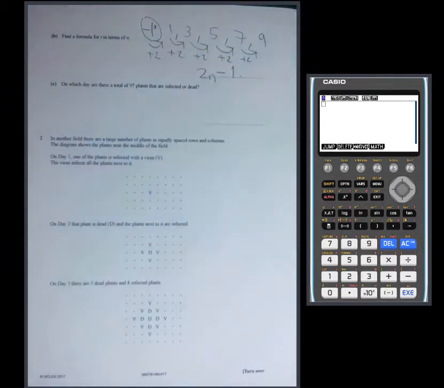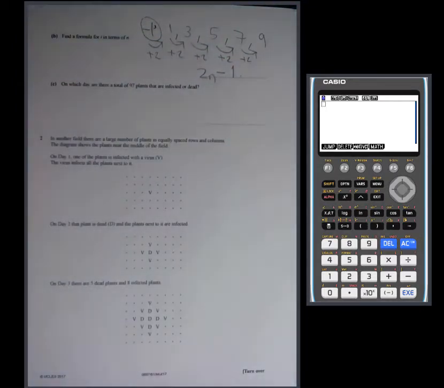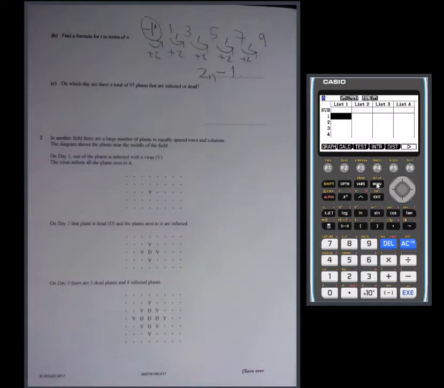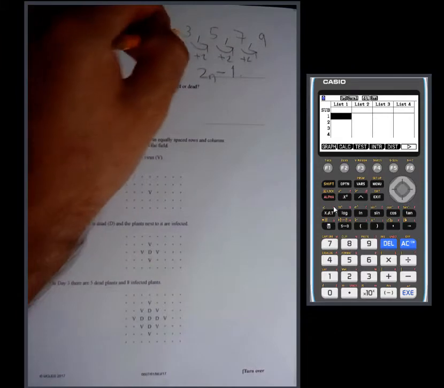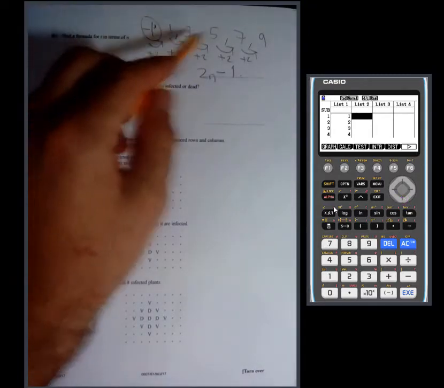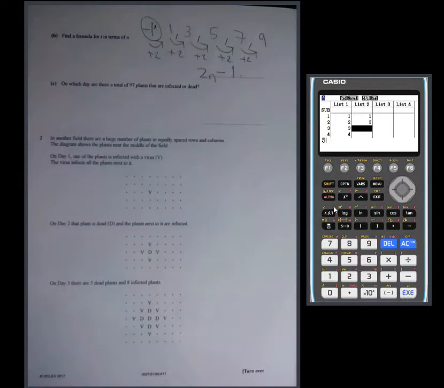Now, if you're not confident with that, as long as you've recognized it's a linear sequence, don't forget your calculator will do this for you. If I go to menu and statistics, and I just put in the n's, as in the term number in list 1, so how many are there? 1, 2, 3, 4, 5. And then just put the actual term, which is 1, 3, 5, 7, 9.